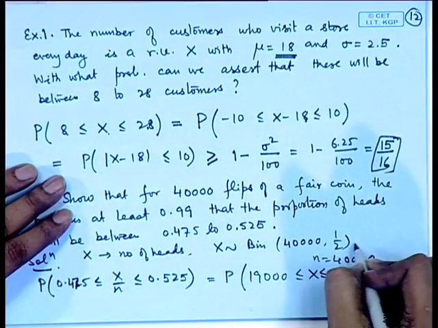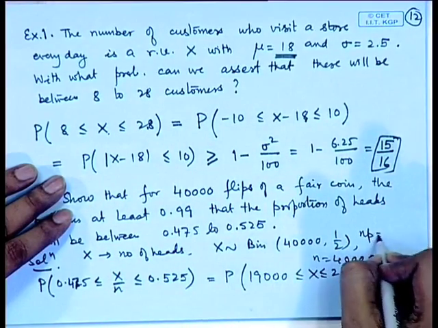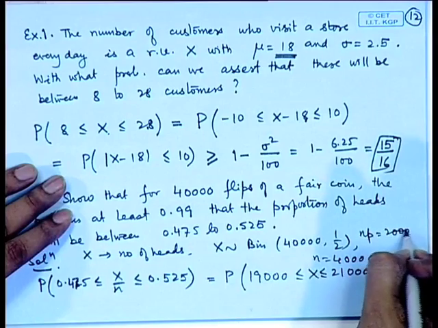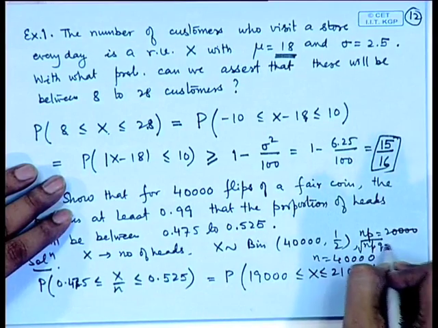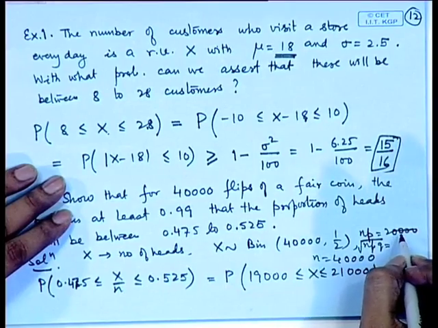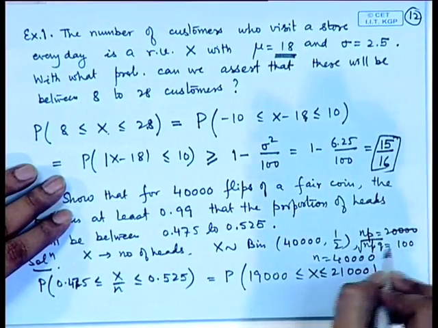The mean of this distribution is n p, which is equal to 20,000, and the standard deviation is square root n p q, which is 100.